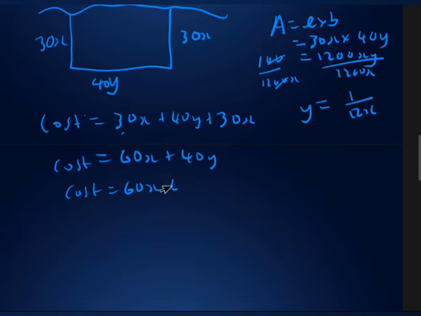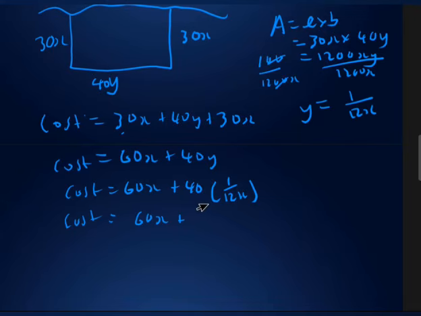So 60x plus 40, and then y is 1 over 12x. All right, so that's the cost. So now it's going to be 60x plus, okay, so this can divide.